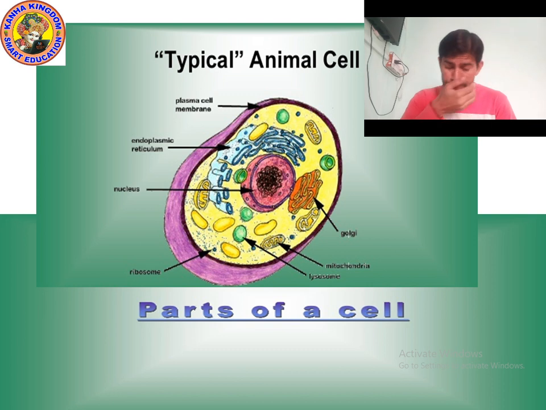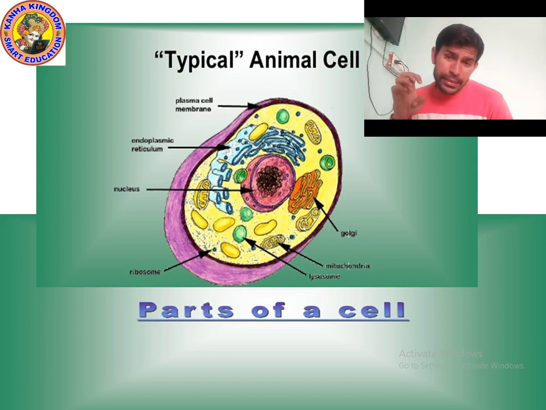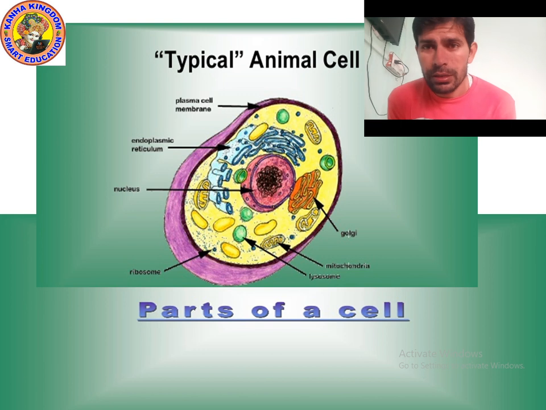How many types of cell are there on the basis of the number of cells present in a living organism? What is the shape of the cell, which is the largest cell, which is the smallest cell? All these topics we studied in the previous class. So let's revise them within 5 minutes, then we will study this picture.